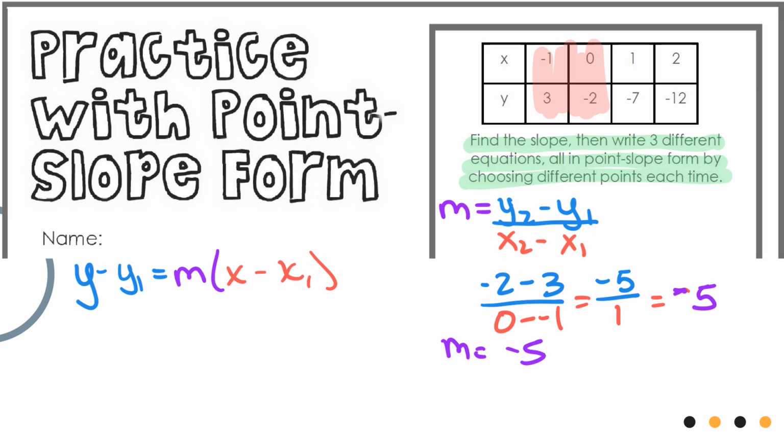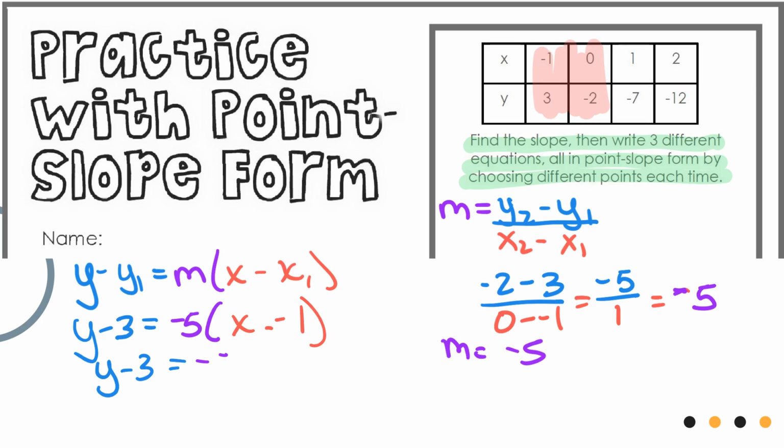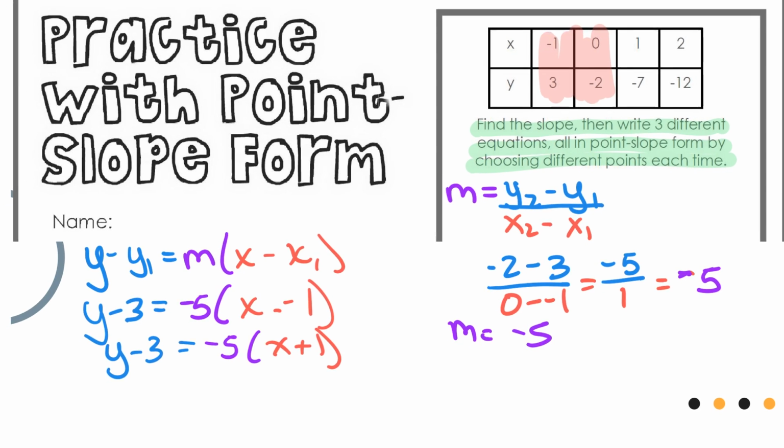So I'm going to start with y minus 3 is equal to -5 times x minus -1. So when I simplify minus a -1, it's actually y minus 3 is equal to -5 times x plus 1. So that was the first equation. Now we need to write 3 different ones.